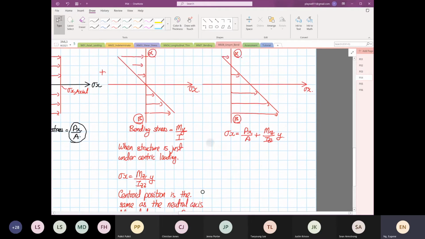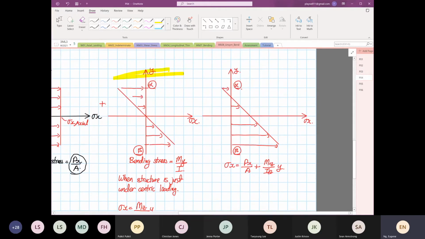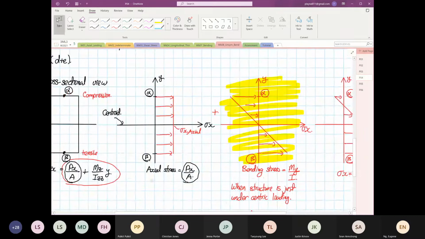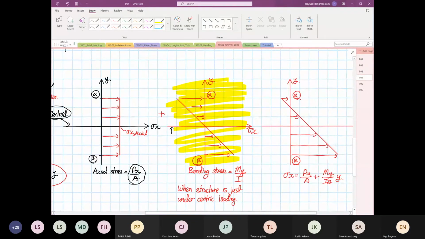Okay, let's focus on this diagram and this diagram alone, right? So remember, this line is known as our what? Centroid. Yes. And at our centroid over here, exactly, stress is also equal to what? 0.